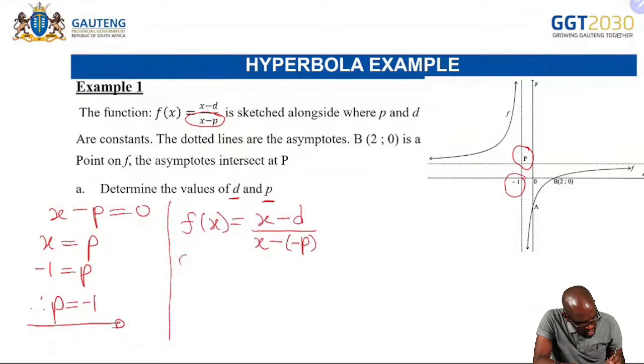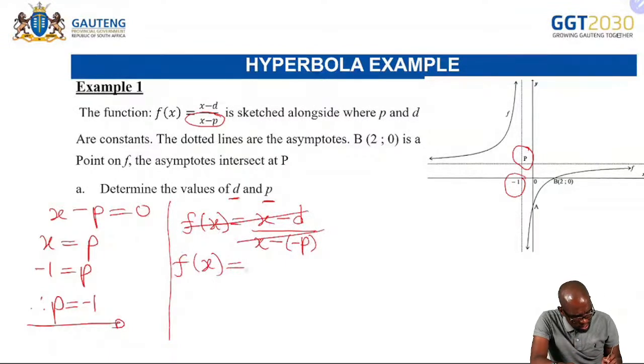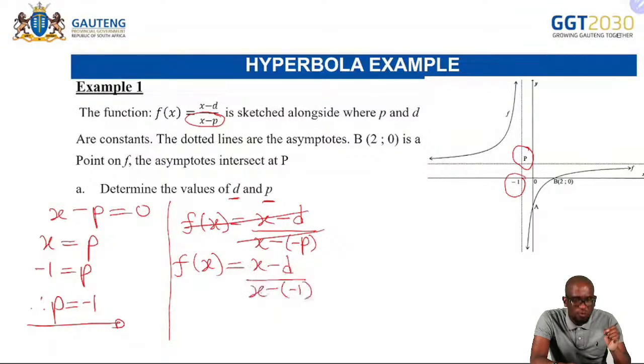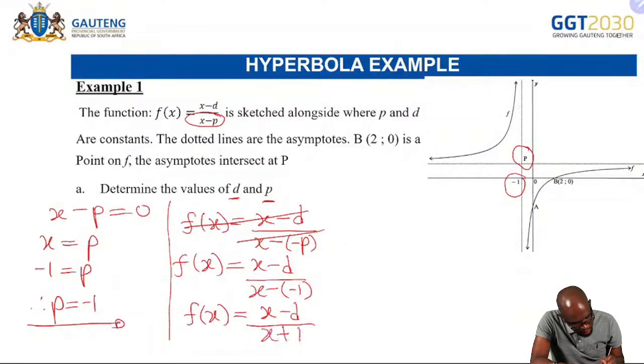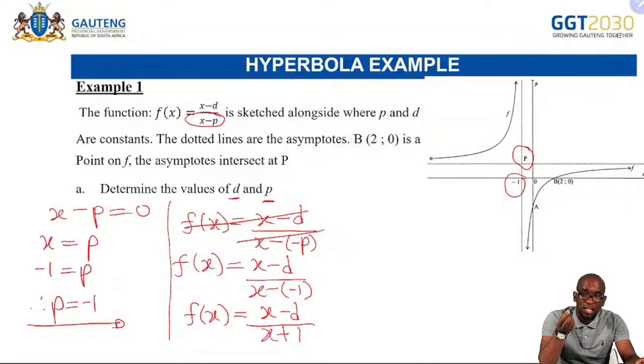So it's x minus d over x minus negative 1 that we got. That's what I wanted to do there. So we have that f of x is equal to x minus d over x plus 1. I just substituted the value of p there.